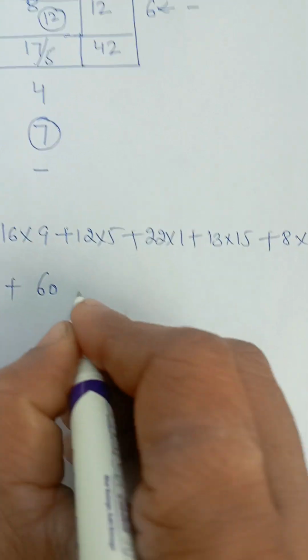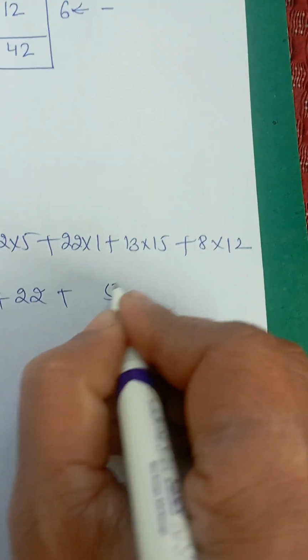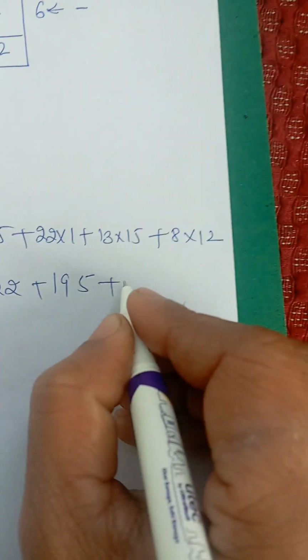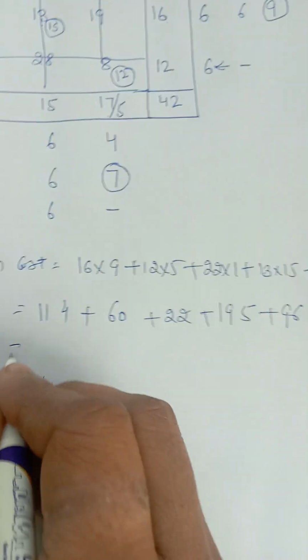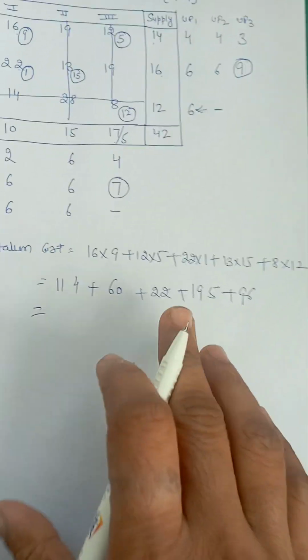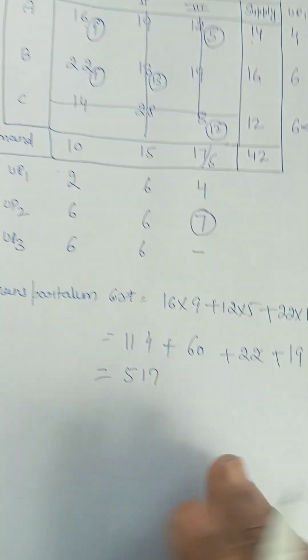That gives 144, 60, 22, 195, 96. Now we add all the costs. When we add all the costs, the answer will be 517.